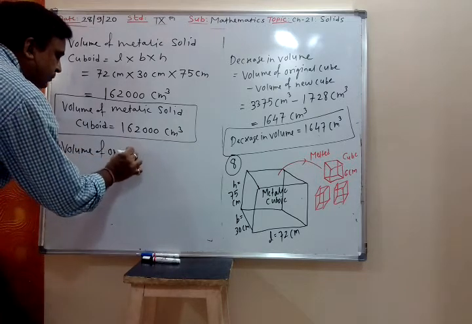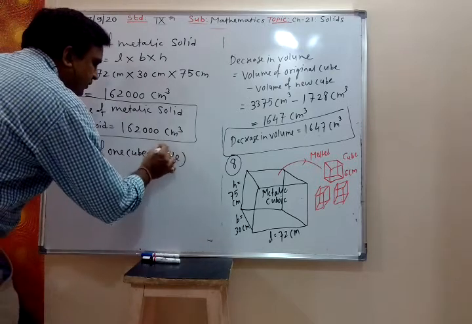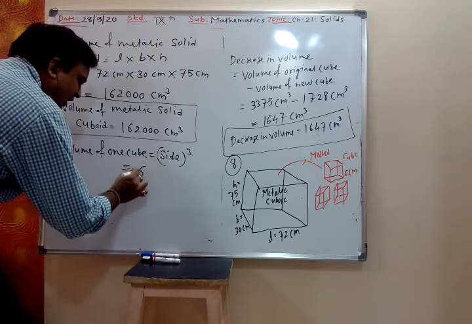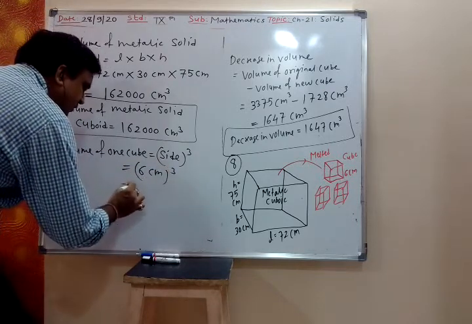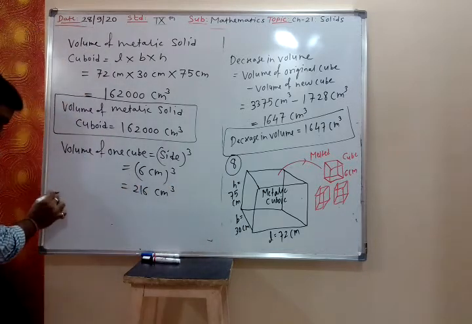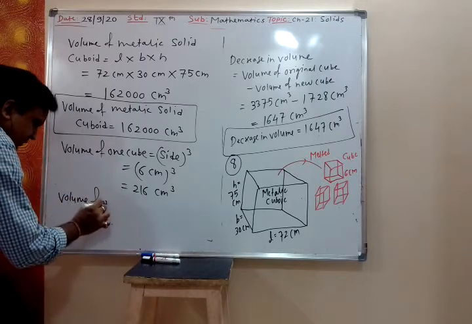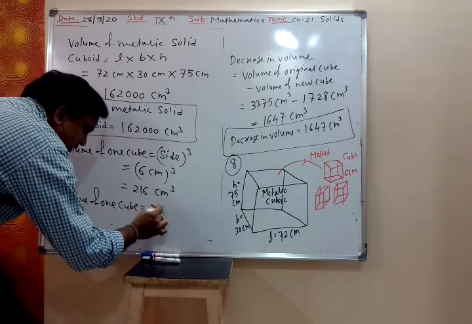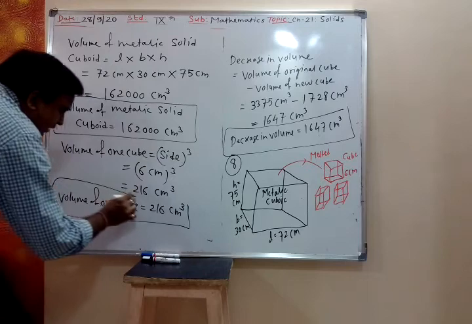Volume of one cube, formula is side cube. Each side of the cube is 6 centimeter, so that is 216 centimeter cube. Correct?